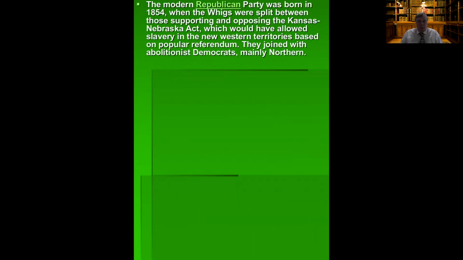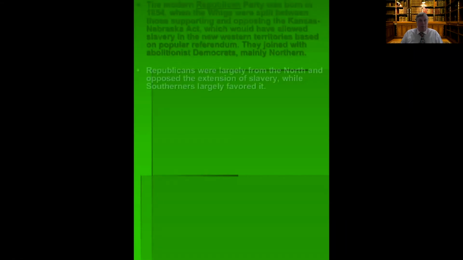The modern Republican Party, and I have a hot link there for that, was born in 1854 when Whigs were split between those supporting and opposing the Kansas-Nebraska Act, which would have allowed slavery in the new Western territories based on popular referendum. They joined with abolitionist Democrats, mainly Northern Democrats, to form the modern Republican Party.